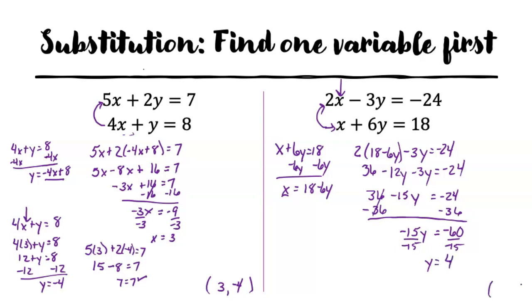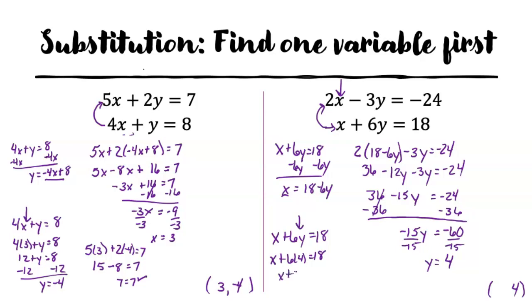Well, look, I've got that y value. Now I need to go find my x. Does it matter which equation I use? Absolutely not. Do you think I'm going to use the easy one? Yeah, most definitely. I think x plus 6y equals 18 looks a little bit easier than using the top equation. I know y, so I plug it in exactly where y is. So x plus 6 times 4 equals 18.